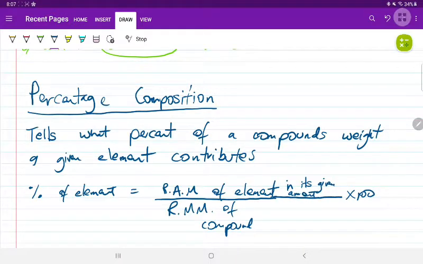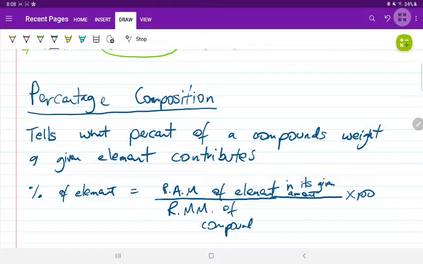So for instance, if you have a compound where there are two of a particular element and you want to know what the percentage is, you have to multiply that RAM by 2. If you have a compound where there are 6 of a particular element, then you'd have to multiply the RAM of the element by 6.